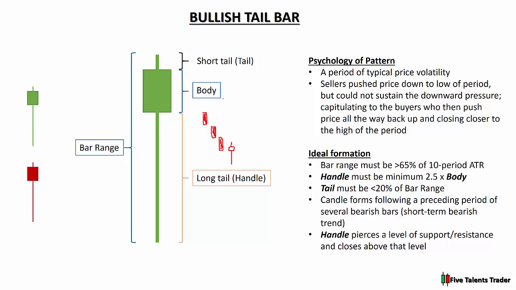So that is what I would expect to see. Typically, sometimes you don't get the 3 bars. It might just be a massive bearish candle, and then following that you get a reaction. But typically what I will ideally want to see is some short-term bearish move.